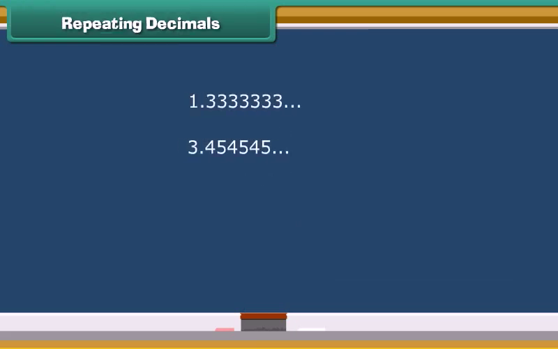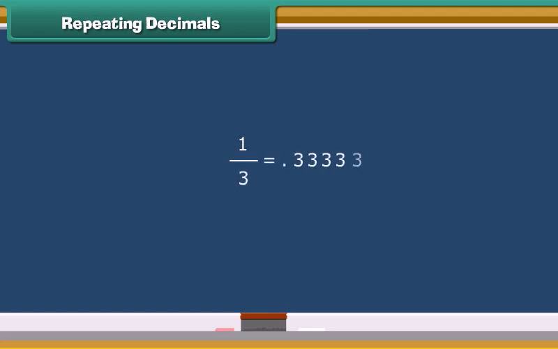Some decimals don't stop and go on adding numbers to the right forever. Look at the decimal of the fraction 1 by 3. What did you notice? It starts with 0.33333 and just keeps on going on and on.